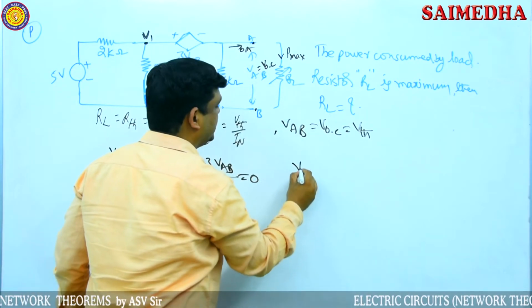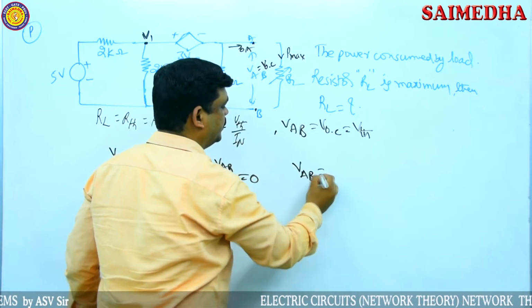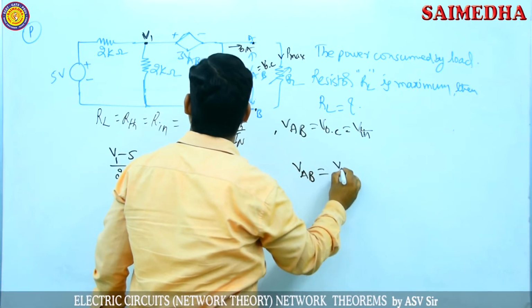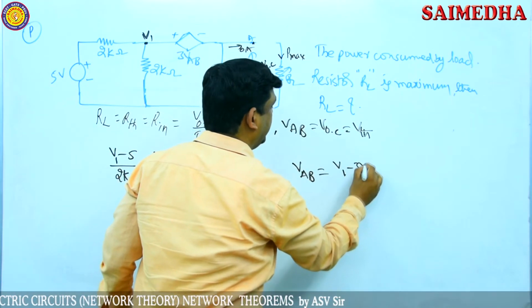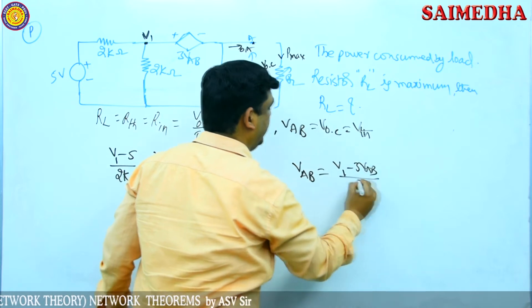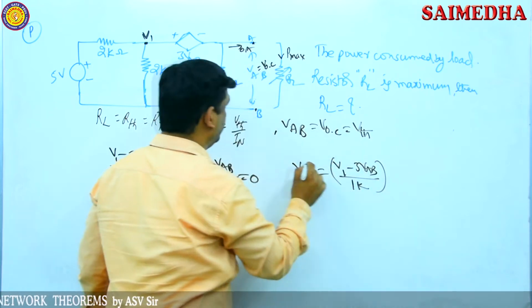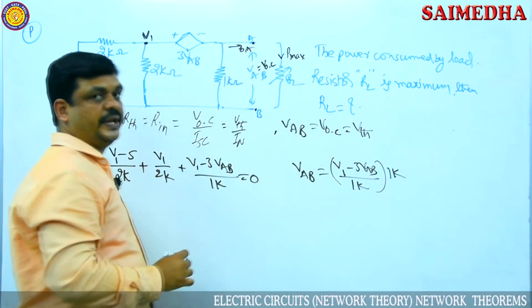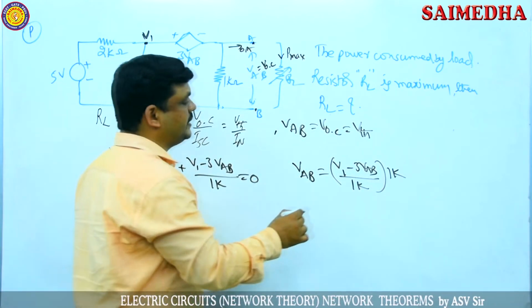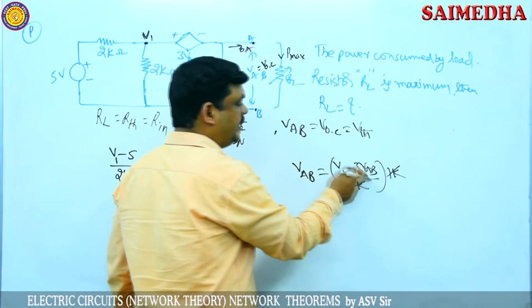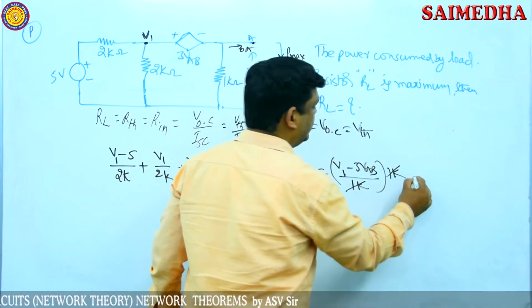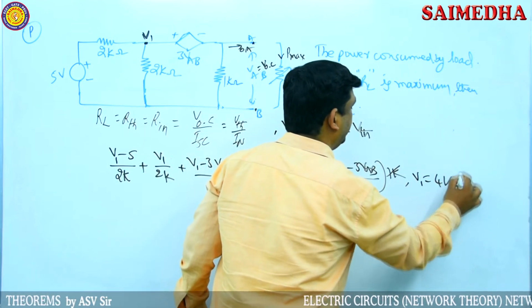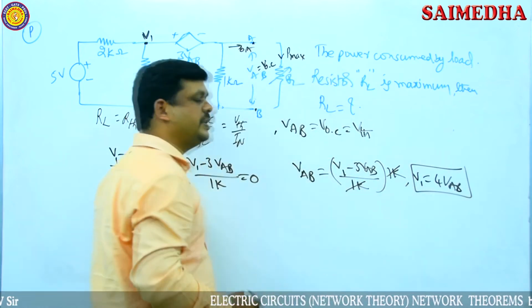The voltage across the 1 kilo ohm resistor, VAB, is equal to current into resistance, which is V1 minus 3 VAB by 1K into 1 kilo ohm. The 1 kilo ohm cancels. Take the 3 VAB to this side, then it gives directly V1 is equal to 4 VAB.